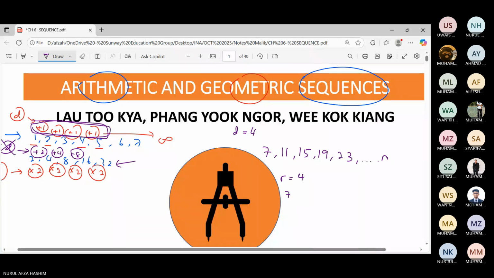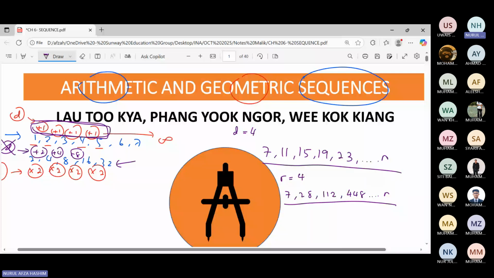Okay. And then the next one, 112. The next one, 448. So you can see the difference between arithmetic and geometric.